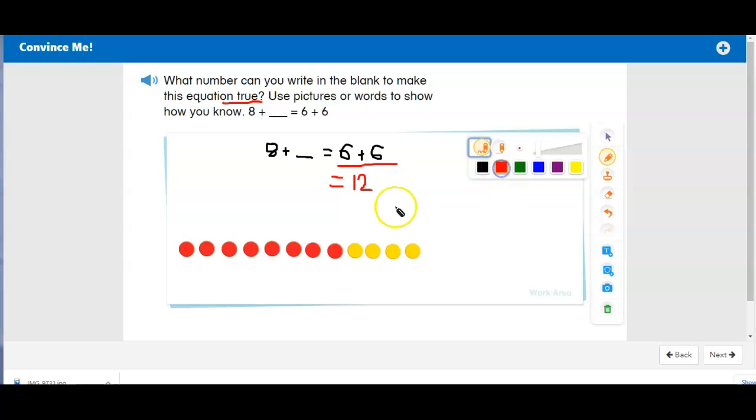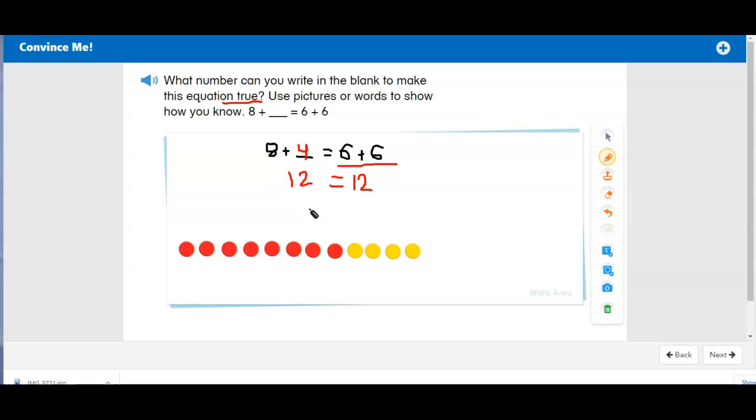So I started with the 8 red counters. How many yellow counters did I have to add on to get to 12? 1, 2, 3, 4. So that means that 8 plus 4 is equal to 12.